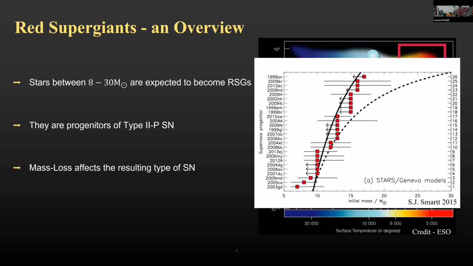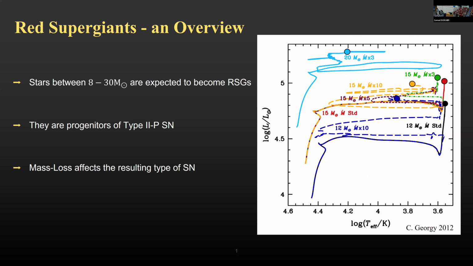The mass loss throughout the lifetime of a massive star also significantly impacts the endpoints or the resulting type of the supernovae. So in this HR diagram, each of these tracks are different mass loss rates and different masses. And if we take the example of the 12 solar mass star and a normal mass loss rate, we expect the star to end its life at the yellow point.